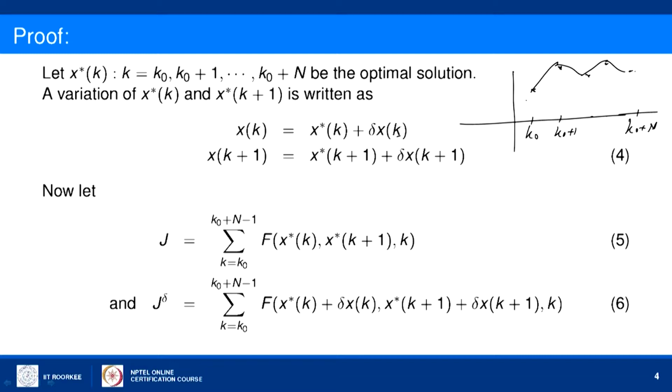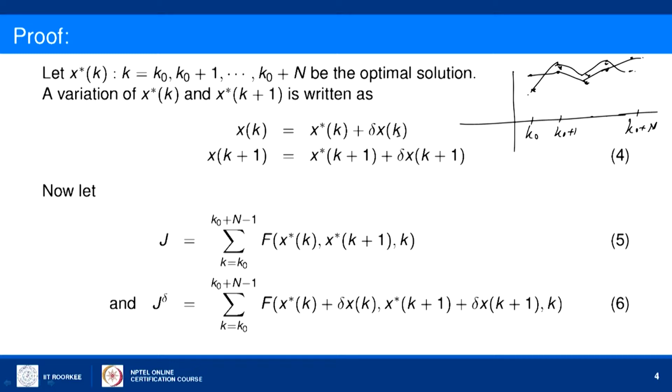Now, if you give a variation in the first value, it may be a small positive variation here, and there may be a negative variation like this. So, we may get a new function which may be given by this expression. It is like x of k.